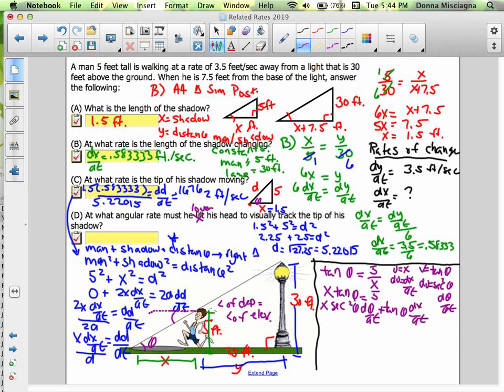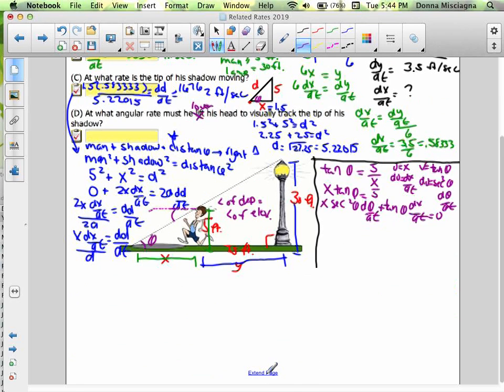Now we're looking for d theta dt, equals 0. So let's subtract the tangent part. So we have, and I'm going to have to extend the board just a little bit. There. Tried to do too much on one board.